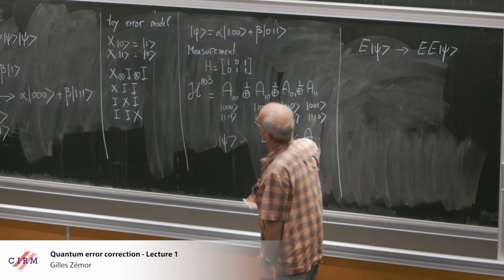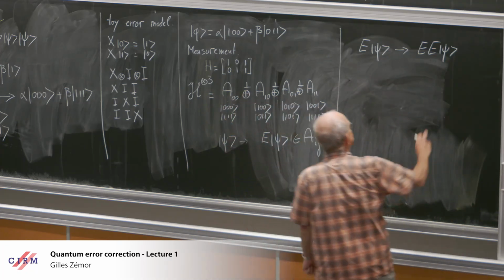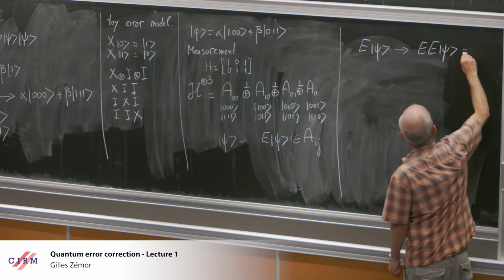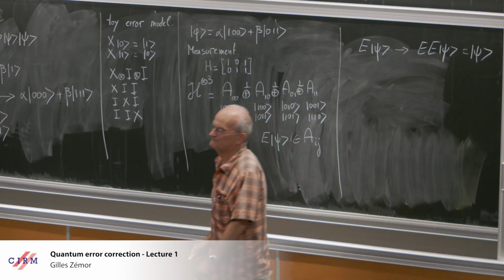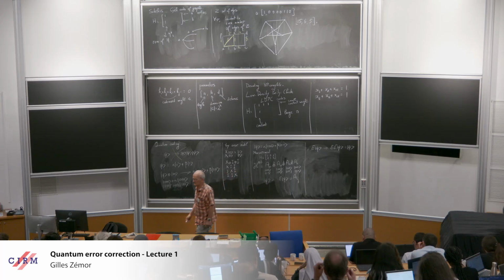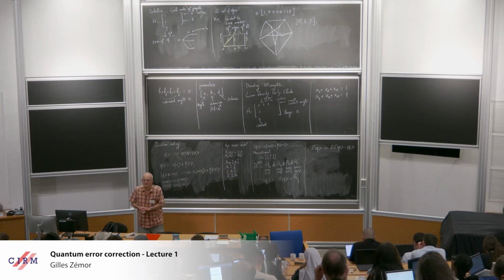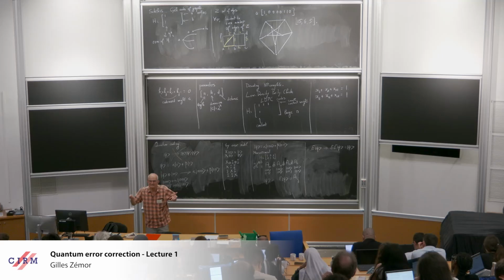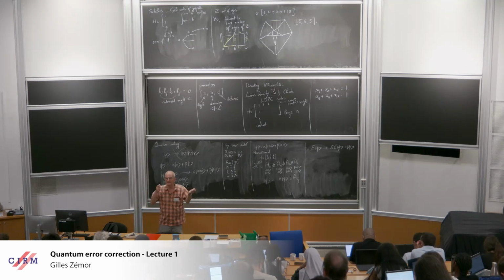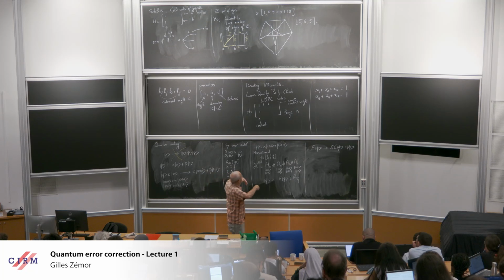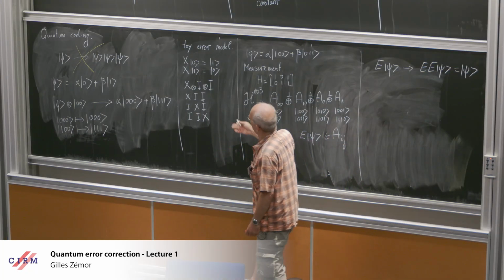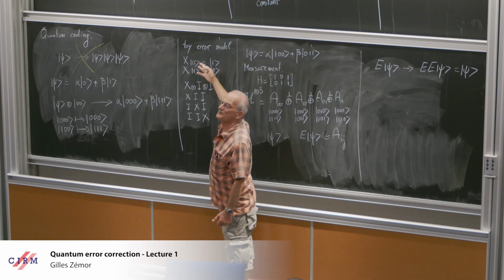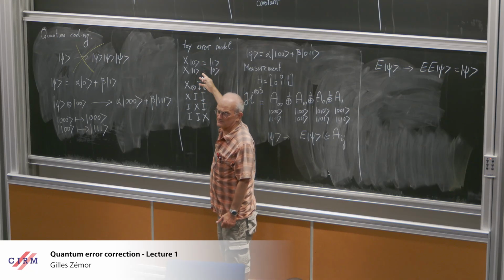And X squared is equal to identity, so E squared is equal to the identity. And we're back to the original state. So we still don't know what the original state is. We never do. We're never allowed to access the alphas and the betas. But we can go back into this state if we are promised that the only errors that can occur are of this sort.